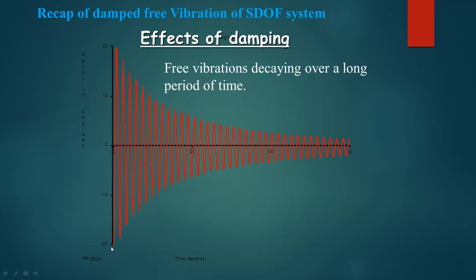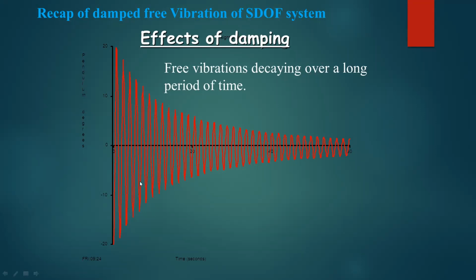Initially it is with high amplitude, it oscillates like this, and then finally it starts to decay. In most cases, the decay is a kind of logarithmic decay. This is the time graph, and this is the response graph. The maximum amplitude considered is 20 units at this point, and finally it diminishes here. So this is a response of damped vibration.